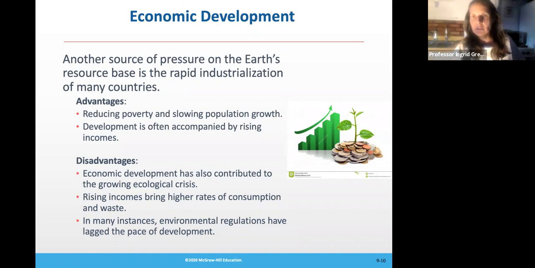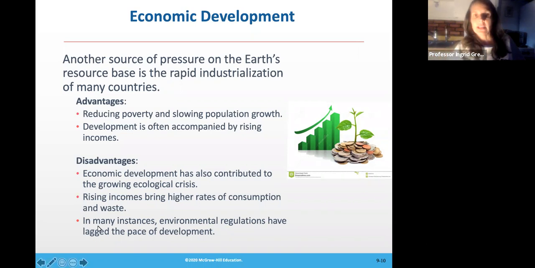If you've ever been to Mexico City, you know that it's so highly polluted, the air, the streets, etc. Even though Mexico has grown and developed, which is really great, with so many amazing businesses coming out of Mexico these days, they're having an environmental issue. Rising incomes also bring higher rates of consumption and waste. If you have more money, then you're eating out more, using more plastic, using your car more, using more gas, et cetera.